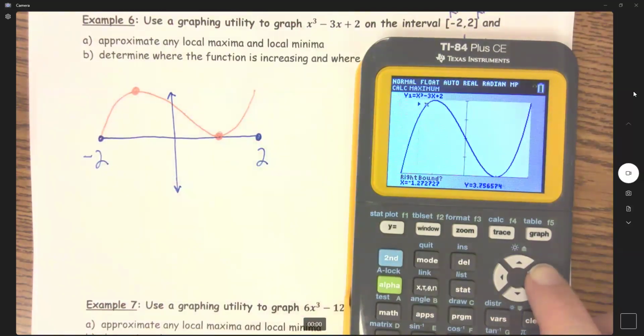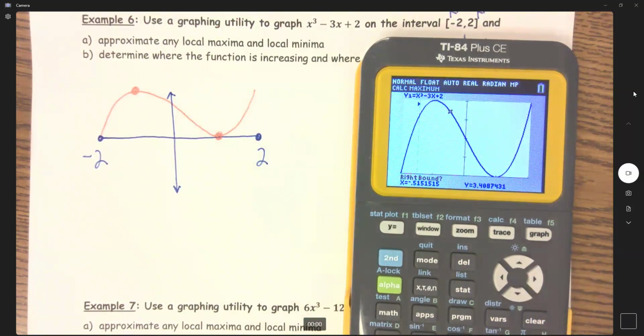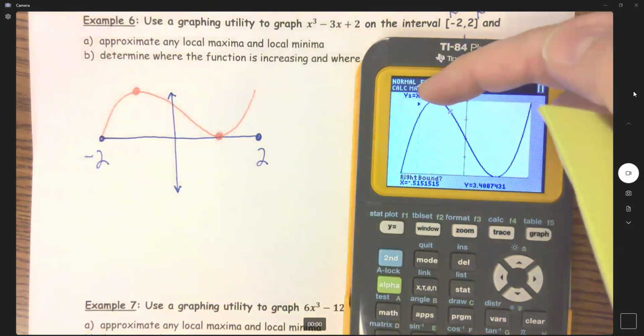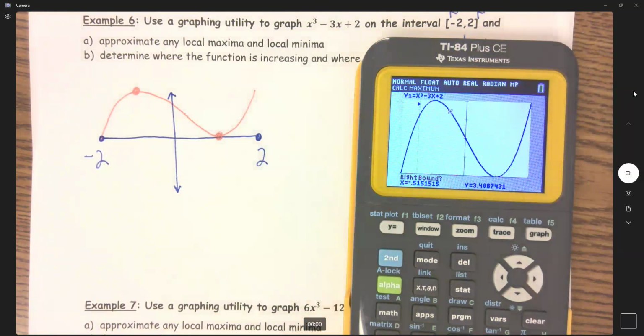So I'll arrow over. My max is about right there. I'm going to keep going right here. But again, it can be anywhere in between this local max and this local min. So hit enter once you are to the right of it, but not past the other one. I have no idea what guess is, so just hit enter through it.